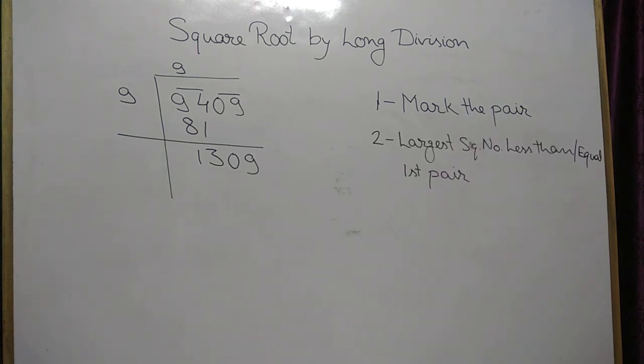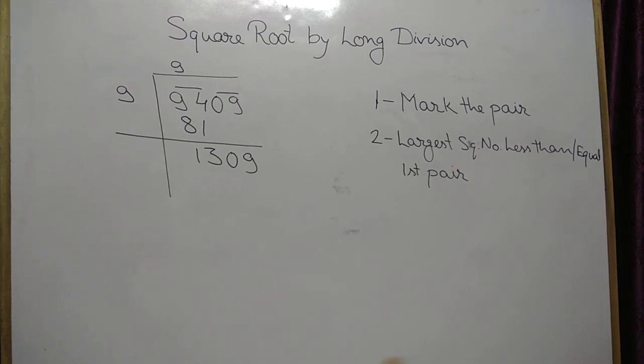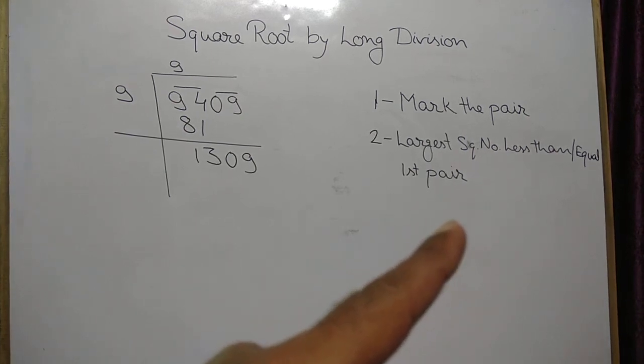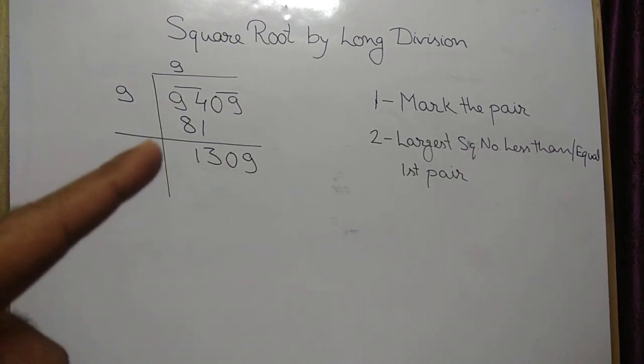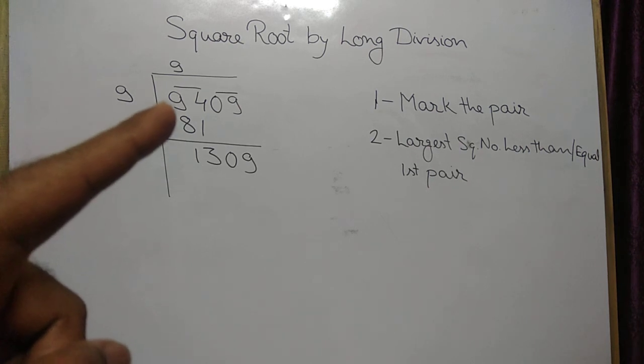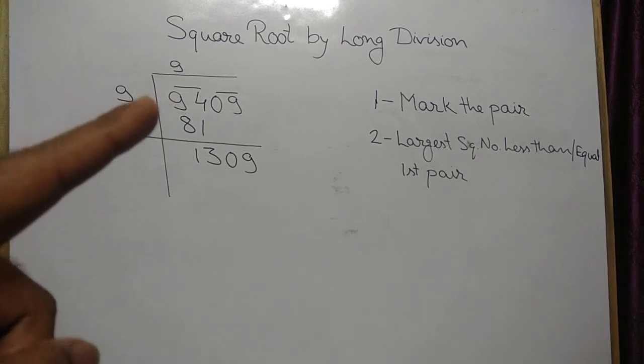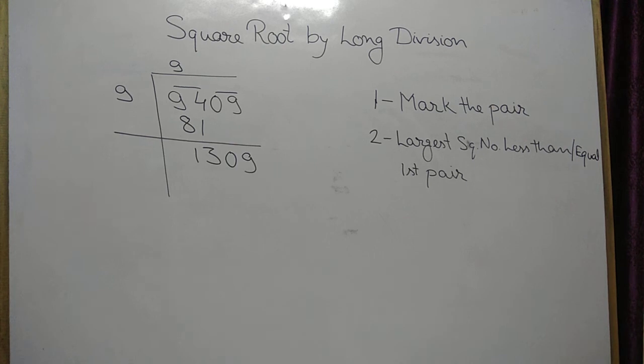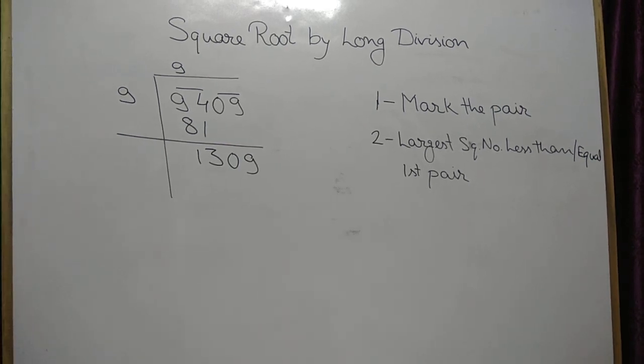Now we have to find the largest square number less than or equal to the first pair. 94 is the first pair, and the largest square number less than or equal to it is 81. So we write 81, and also write its square root as divisor and quotient.